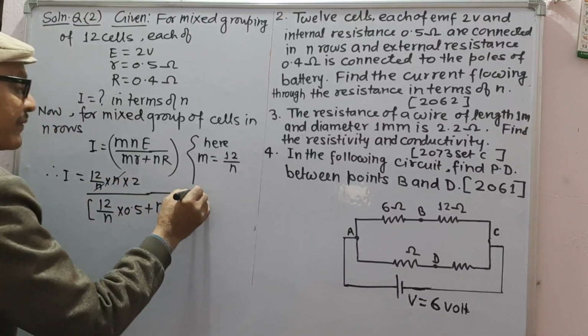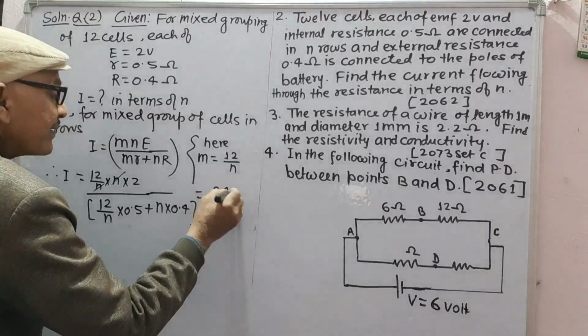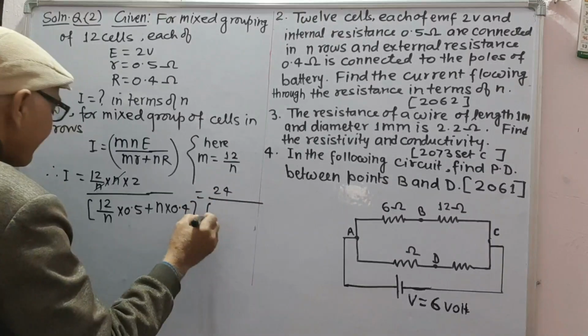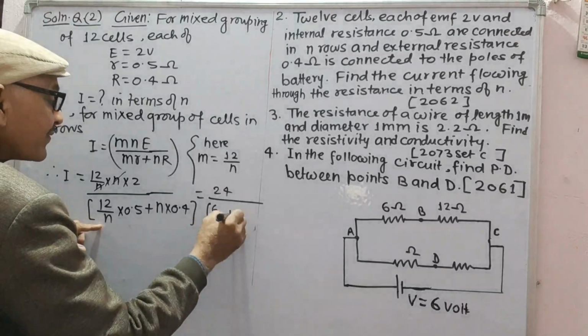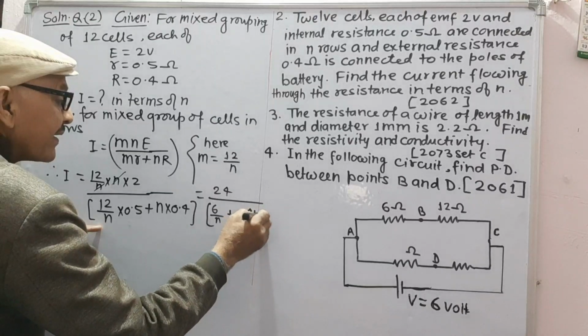N cancels out and we get 24 divided by 6 upon n plus 0.4 n.